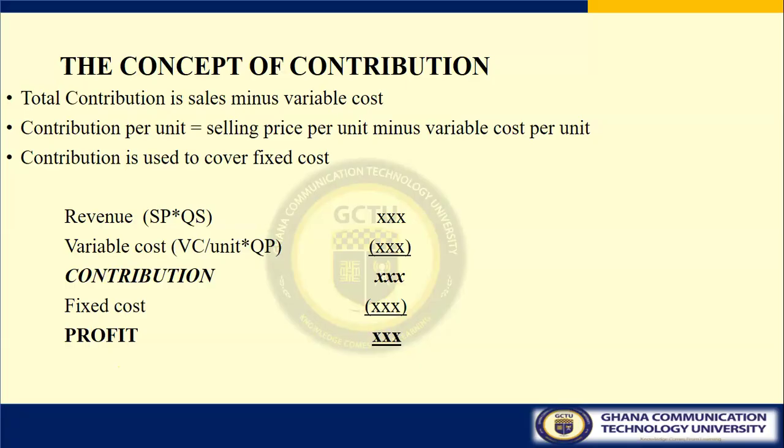Then your variable cost, that is the direct cost incurred for producing that particular product. Then you get your contribution. Then your fixed cost; I believe you all know the fixed cost. Regardless of the level of activity, it is fixed. So you have to less your fixed cost, and then you get your profit.